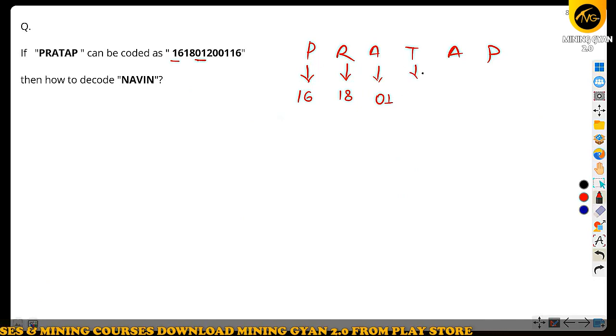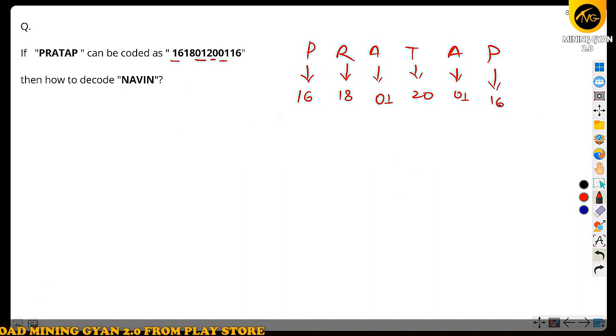Similarly, T is decoded as 20. Again A is 01, and the last one, P, will be 16. So basically these are the base numbers for the respective alphabets.